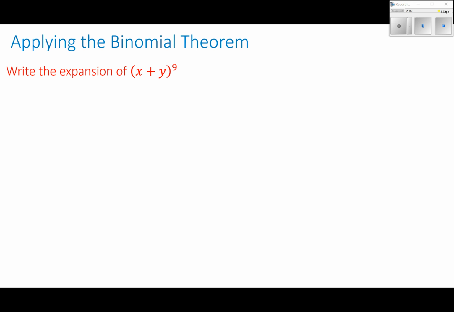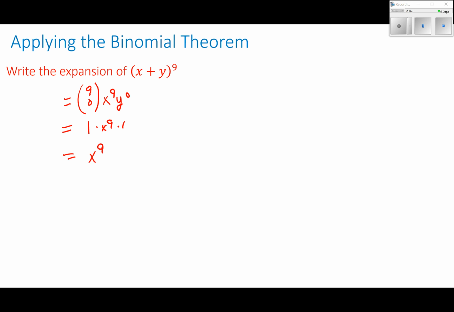Let's actually apply the binomial theorem to expand x plus y raised to the 9th power. So I know my first term is going to be 9 choose 0, x to the 9, y to the 0. Well, n choose 0 is just 1 times x to the 9th times 1. So this is really just x to the 9th, but we've established that before.